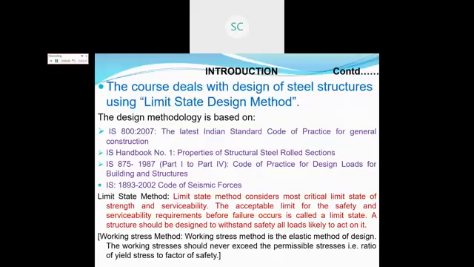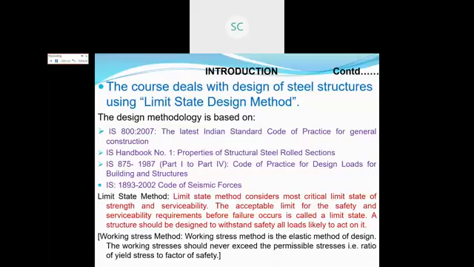Earlier, we designed steel structure by the working stress method. Before this code, limit state design of steel structure, IS 800 2007, we had the code IS 800 1984, and that was using the working stress method.